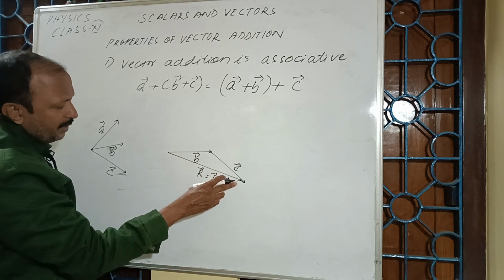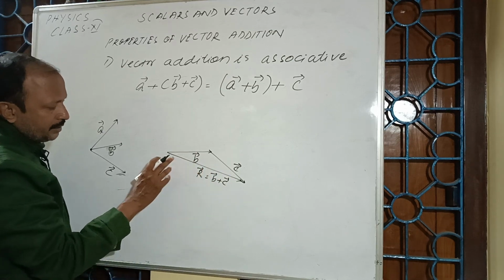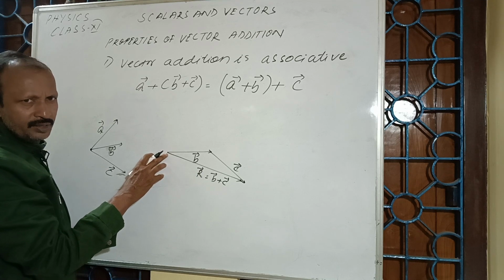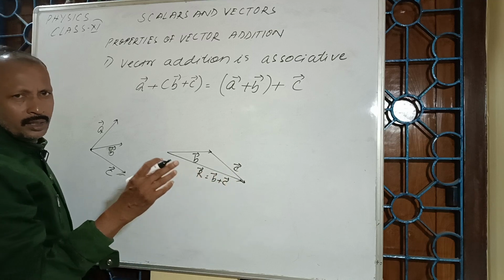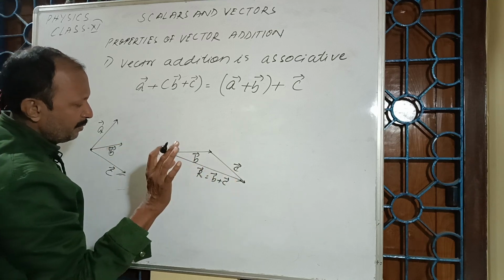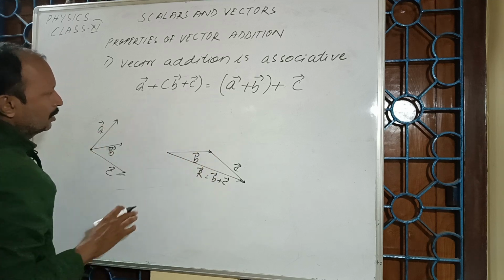Now the resultant vector is just in opposite order. Its tail is coincident with the tail of the first vector and head is coincident with the head of the second vector. So this is about the B plus C.